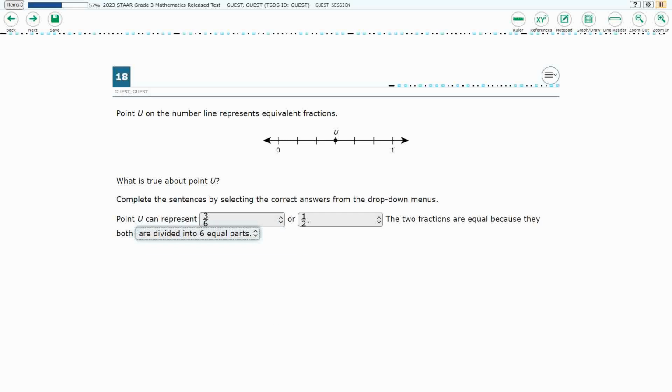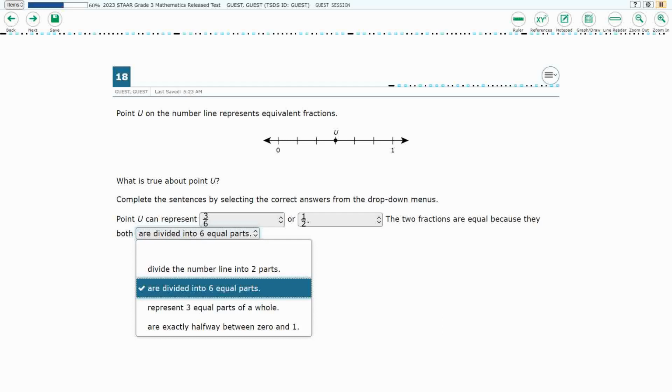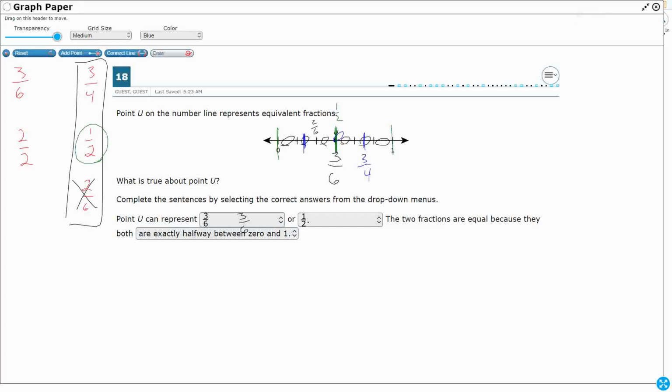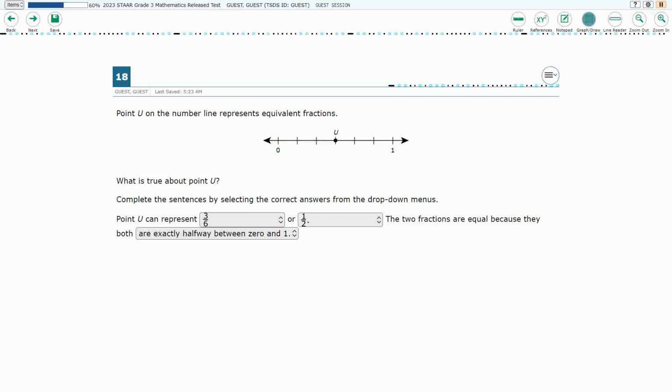I need it for both because they both represent three equal parts. No, they don't. Are exactly halfway between 0 and 1. Yeah, see, that's the tricky part. Both 3/6 and 1/2 represent exactly halfway in between, right? Even if 3/6 cuts it into three equal parts and the 1/2 cuts it into two equal parts, they're both exactly halfway in between. So that is how we get our full credit.